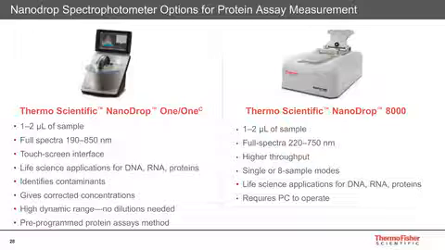Absorbance at 280 nanometers is then measured. The sample is wiped away using Kim wipes, and the Nanodrop has an excellent dynamic range, due to which you don't even have to perform dilutions.